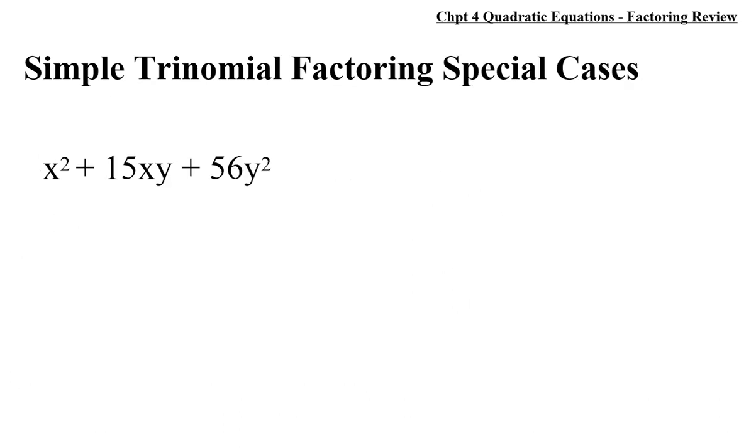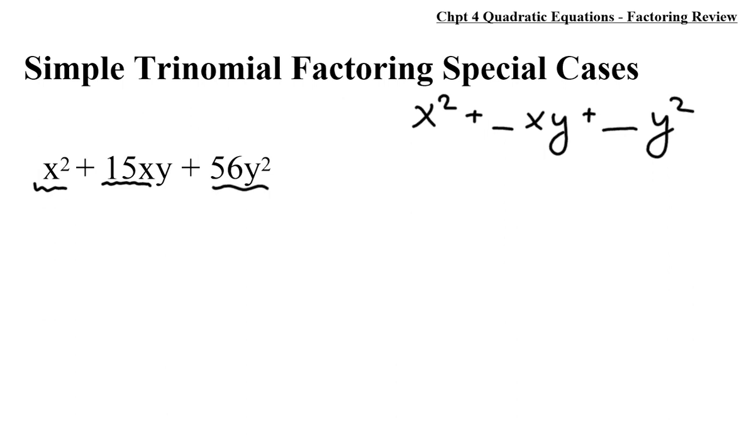So watch for those. Next case is the x squared plus xy plus y squared. Well, this isn't a simple trinomial with the right stuff, but it kind of has the right stuff. We have an x squared, we have one x and no x's.